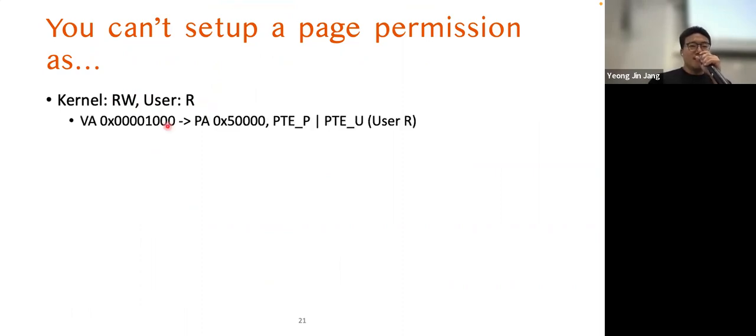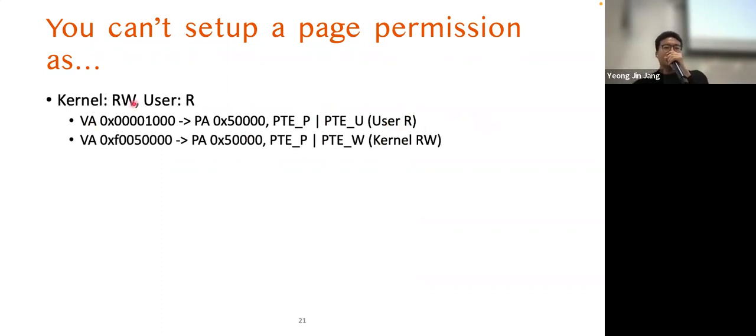To do that, you can map virtual address 1000 to the physical page 500000 somewhere, and then set the permission flags as present and user. So it does not have the writable flag. So for the user, this is read only.